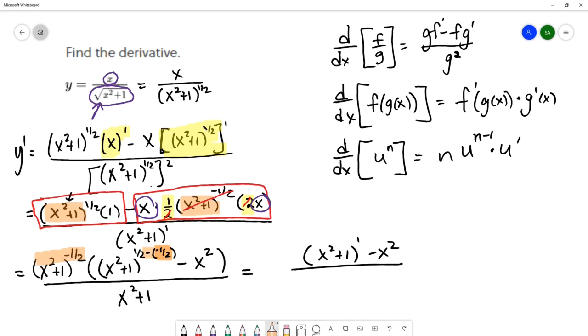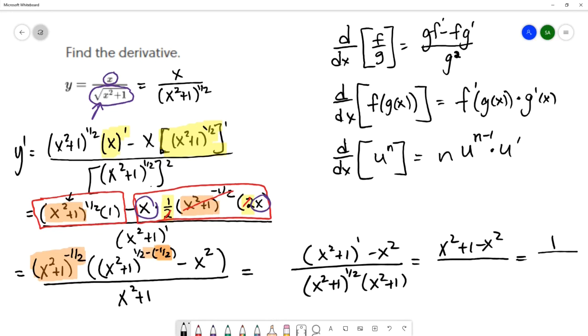This factor right here that has a negative exponent can be moved down to the denominator: x squared plus 1 to the 1/2 power. We have an x squared plus 1 as a factor already there. So in the numerator, I have x squared plus 1 minus x squared, which is going to leave me with just a 1 in the numerator.